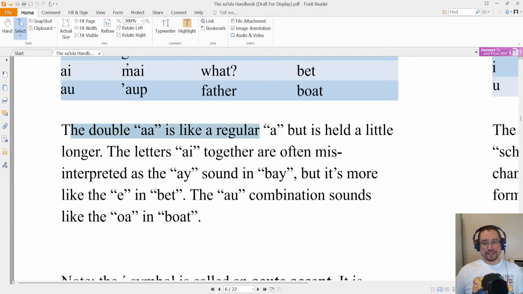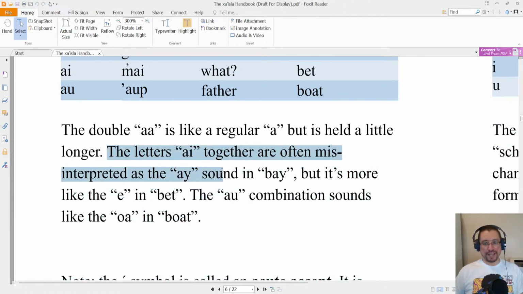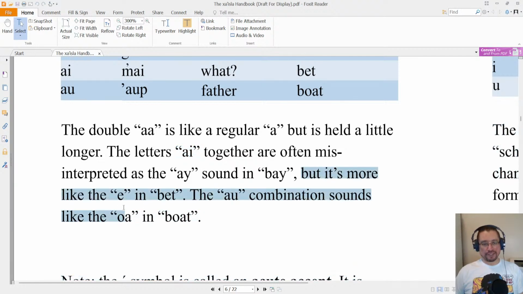So the double A is like the regular A, but is held a little longer. The letters A, I together are often misinterpreted as the A sound in the English word bay. So I mentioned before, A, I sounds like eh. It does not sound like A. But it's more like the eh in the English word bet.